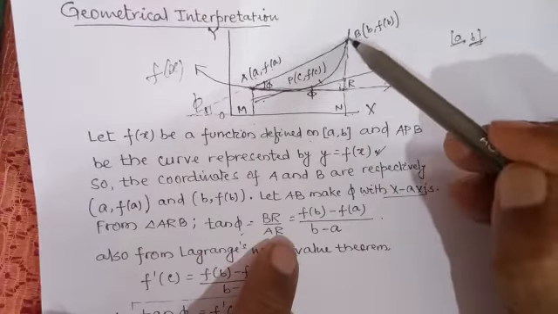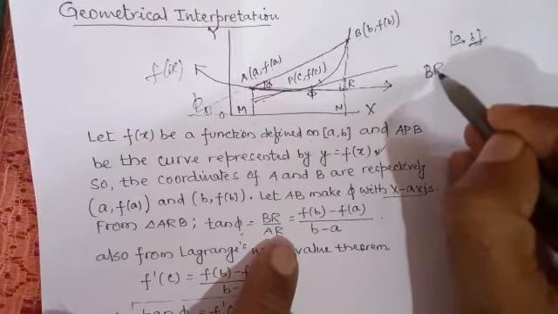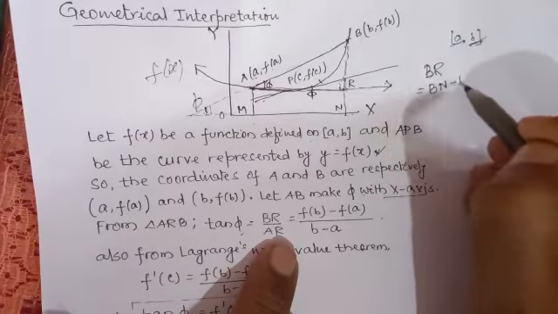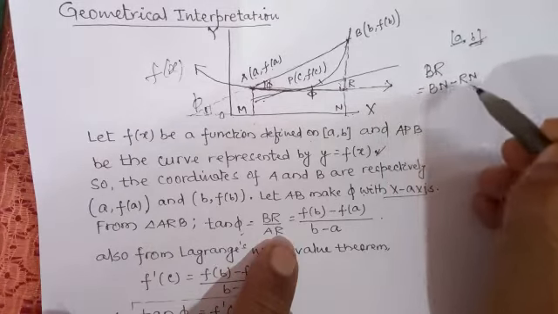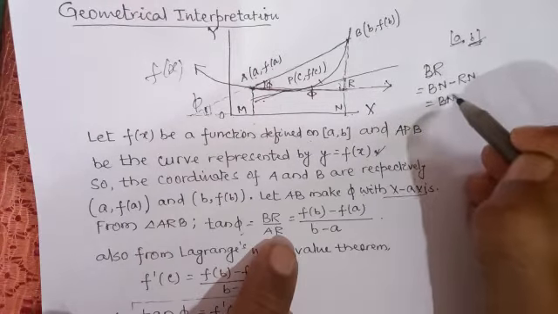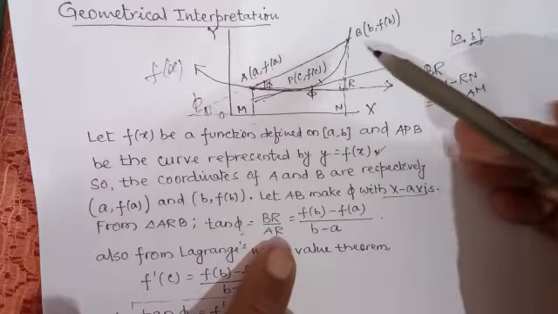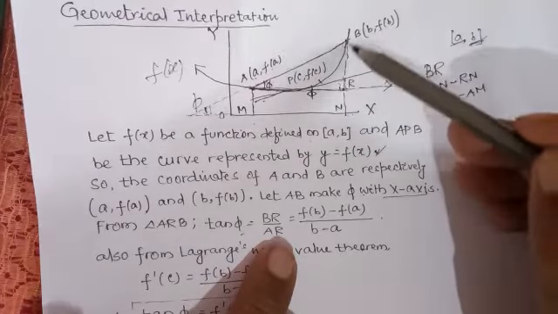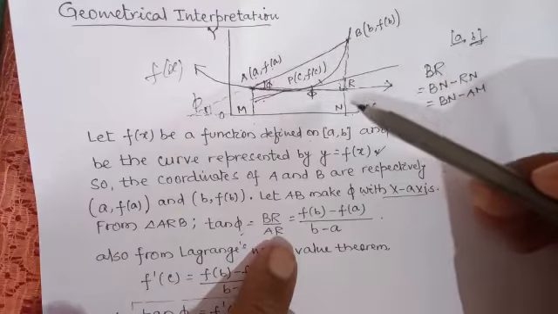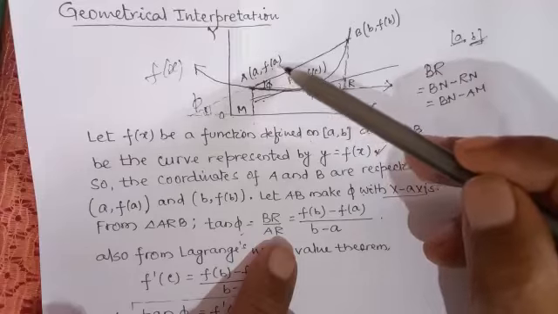BR should be written as BN minus RN, and you already know these things, and RN equals AM. BN is measured by the second coordinate, so BN is FB and AM should be FA.